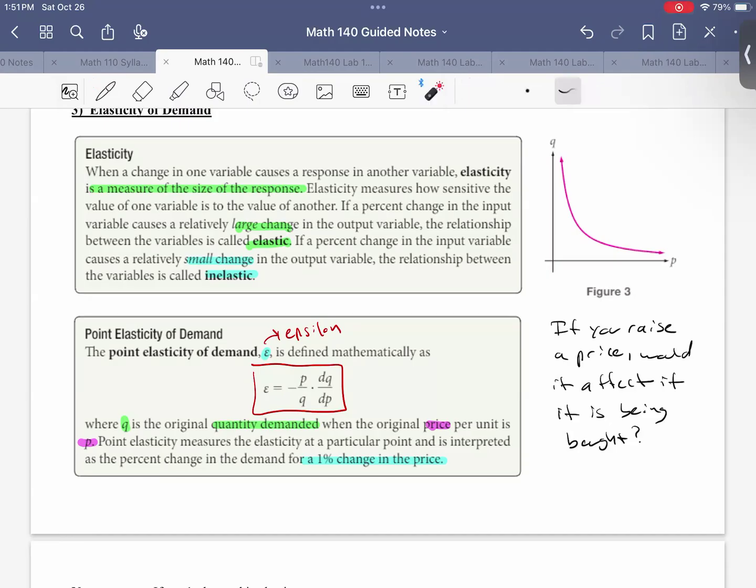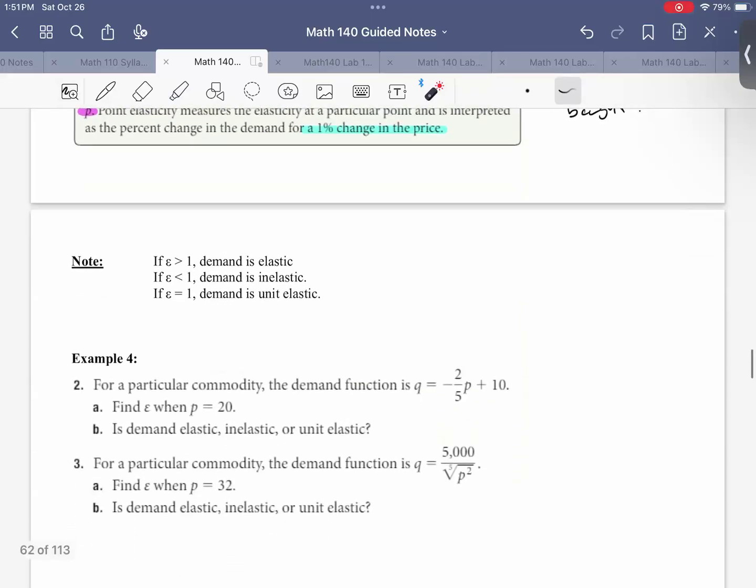That's really the big question about elasticity. If you raise a price, say by 1%, is it going to affect it being bought? Are people not going to buy it? Are people going to buy more? Things like that.